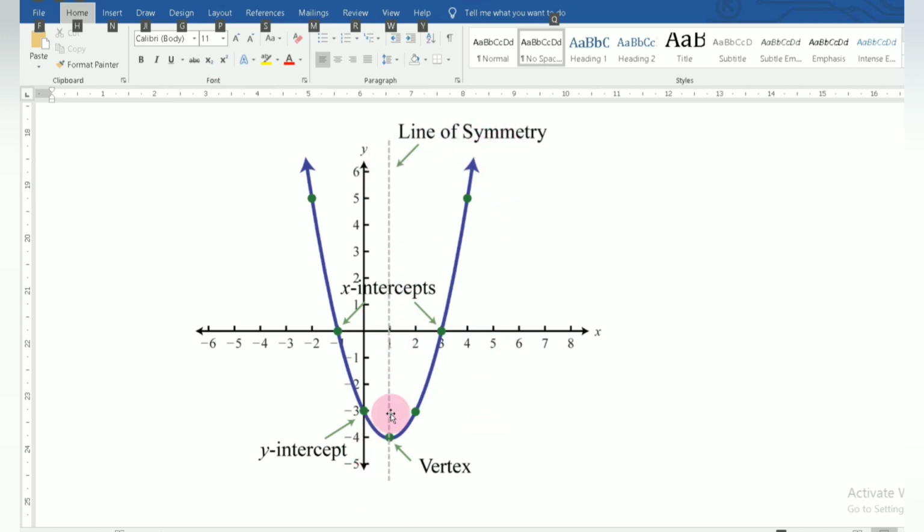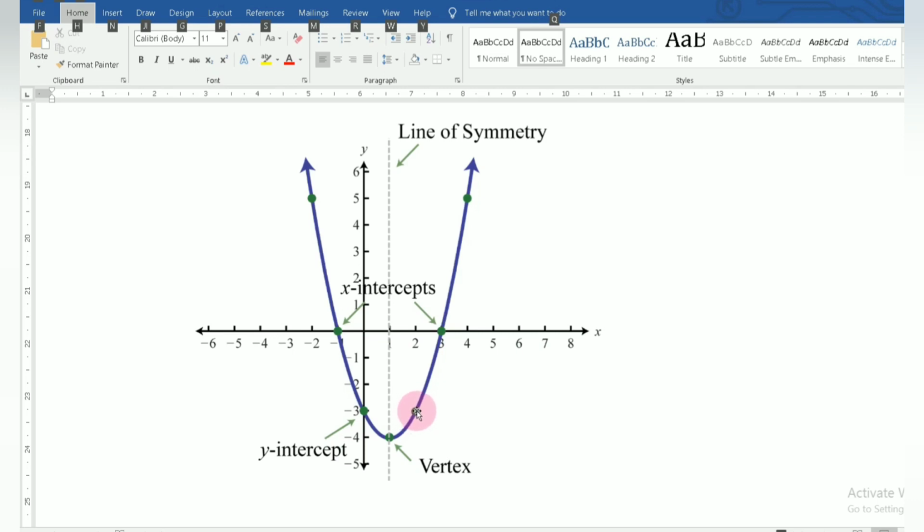Therefore, the distance between the first x-intercept and the line of symmetry will be the same as the distance from the second x-intercept to the line of symmetry. Keep in mind that this is the line of symmetry, your mirror. So if this is your y-intercept, the symmetric point of your y-intercept will be the shadow of this y-intercept, which is this one.